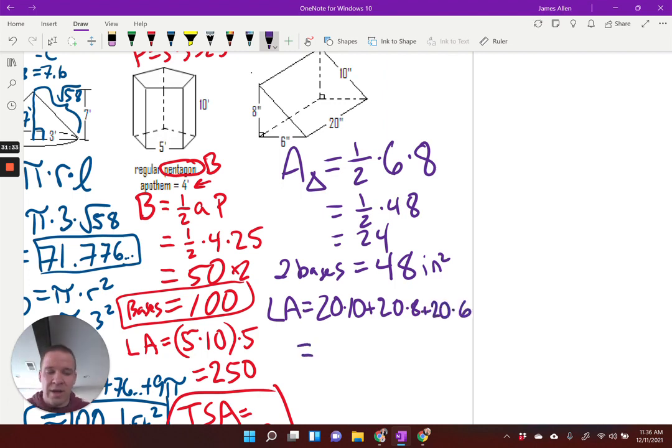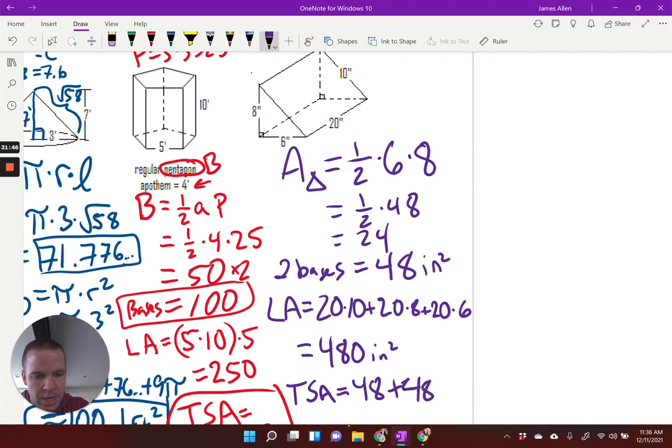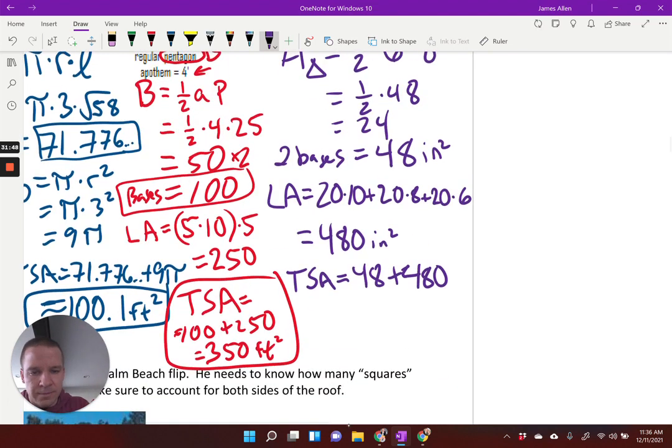If I add all that up, I get 480. And then if I add that to my 48, I get a total surface area of 48 plus 480. That is going to give me, drum roll please, 528 inches squared.